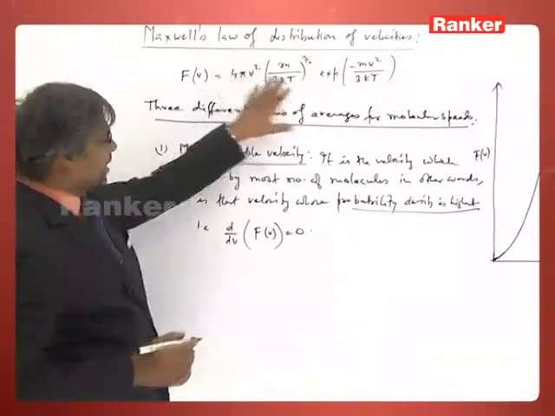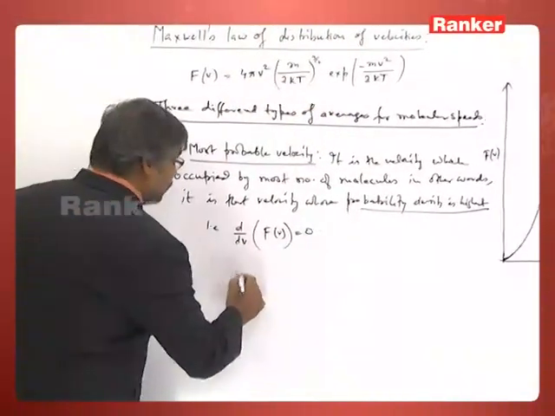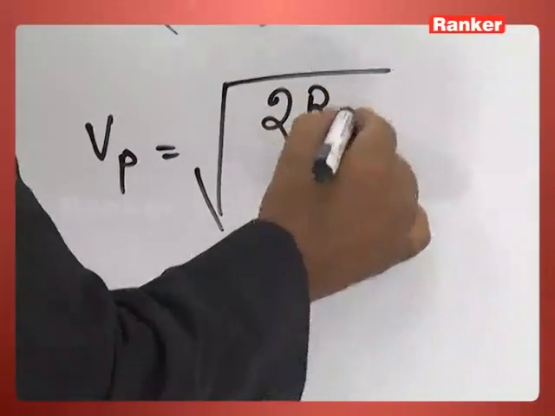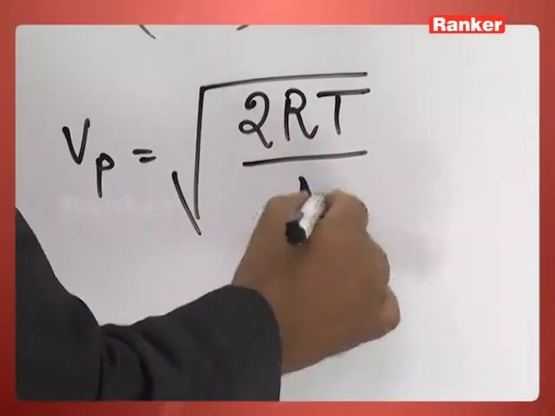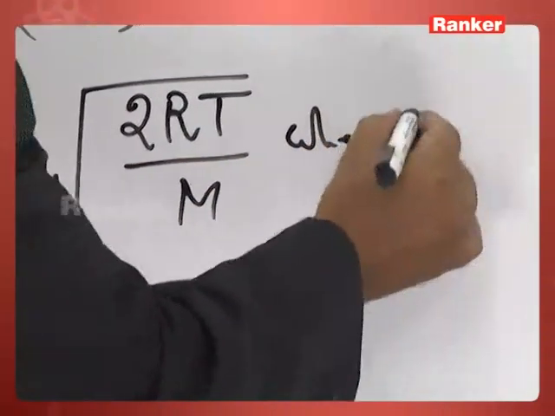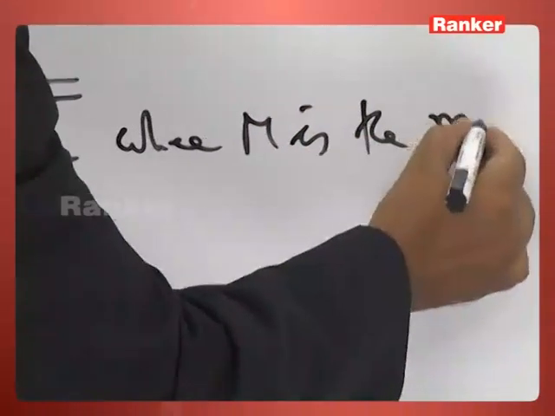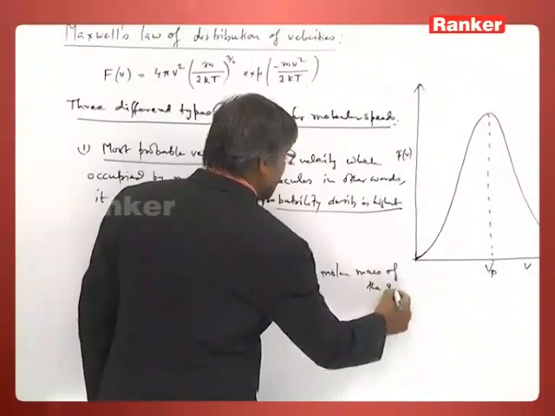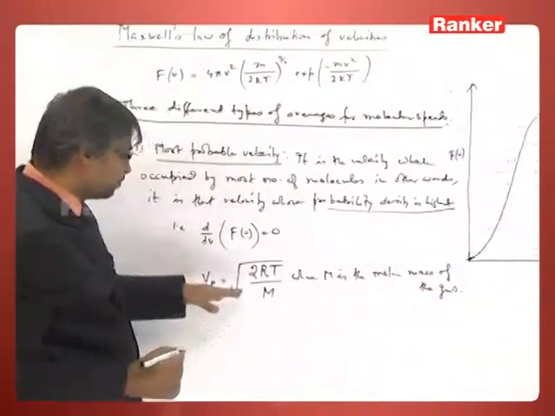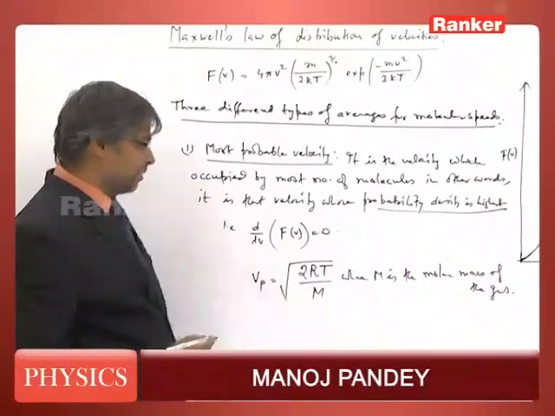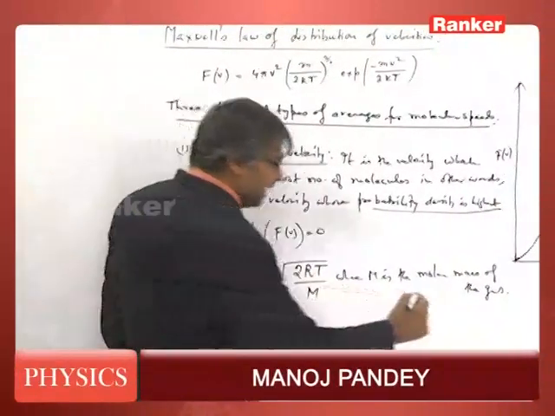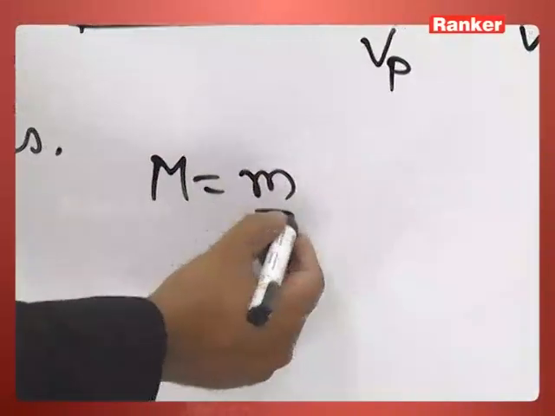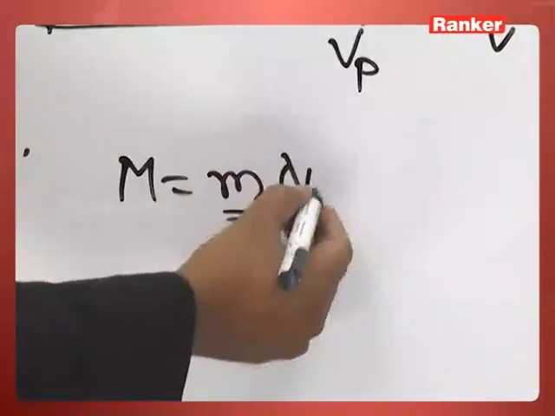On calculation of this, we get V probable as root over 2RT by M, where M is the molar mass of the gas. If I am talking of a gaseous system, then M is the molar mass of the gaseous system. Now we know that molar mass is equal to mass of one molecule into Avogadro number.